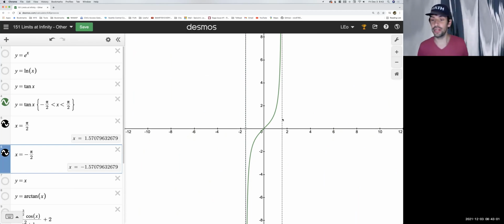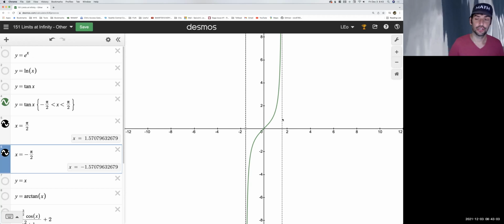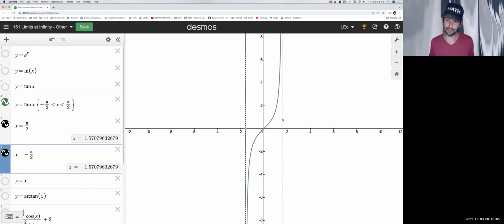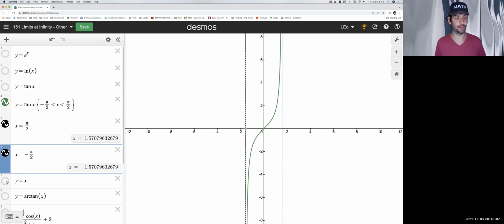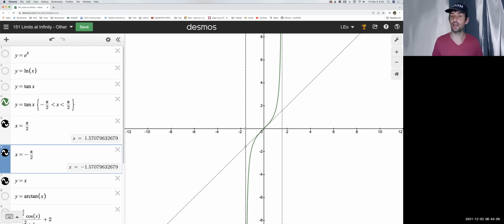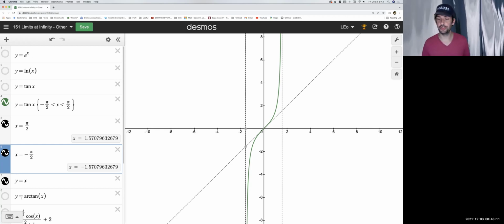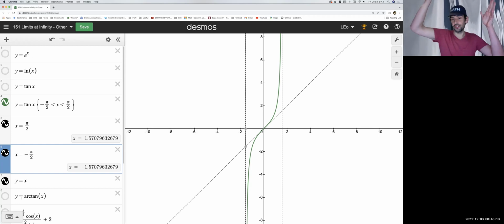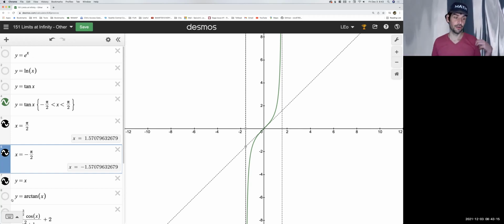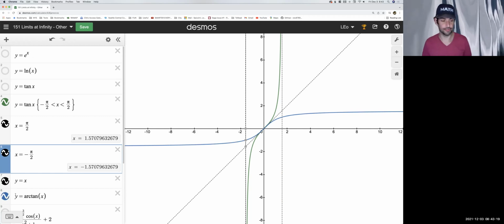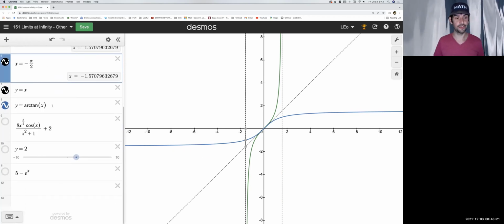Now, when we create the arctangent, the inverse, remember graphically that means reflecting over this line y equals x. Well, when we do that, these vertical asymptotes reflected over that line become horizontal asymptotes, right? So there's the arctangent.